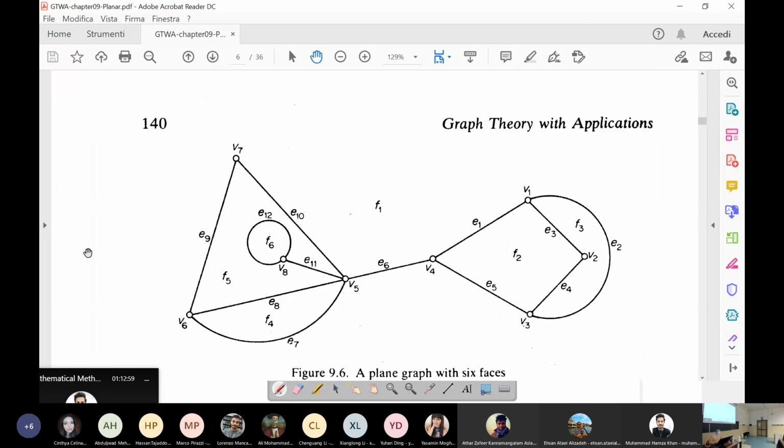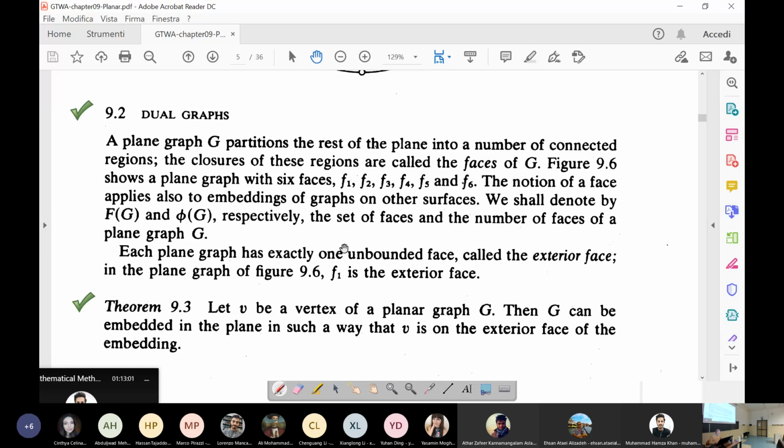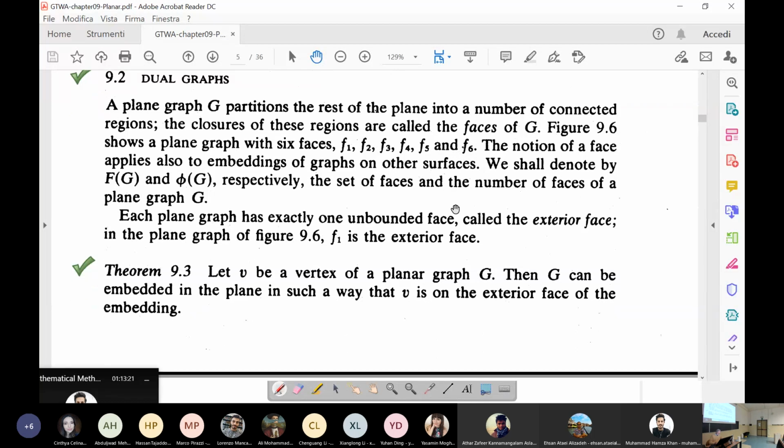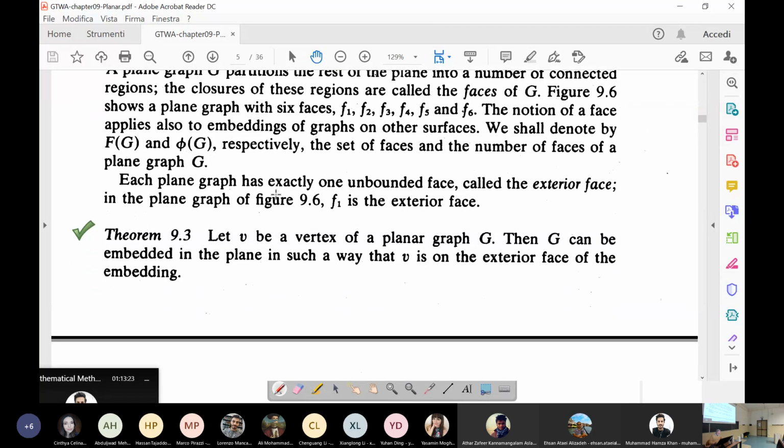And we call F, capital F of G, the set of faces, and phi, this Greek letter phi of G, the number of faces of the plane graph. As I said, you have exactly one unbounded face, called the exterior face.